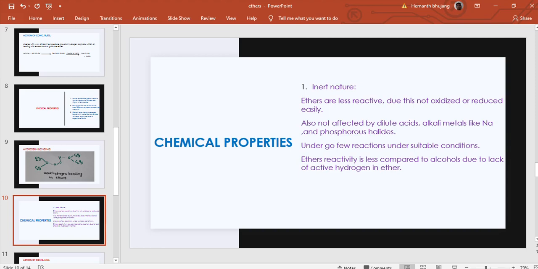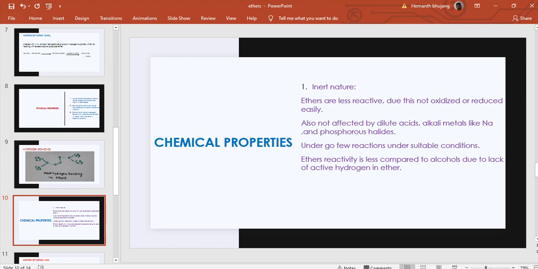The reason is that in ethers the hydrogen is attached to alkyl groups, but in alcohols, with the general formula ROH, the hydrogen is directly attached to oxygen. So active hydrogen is present in alcohols, but not in ethers.